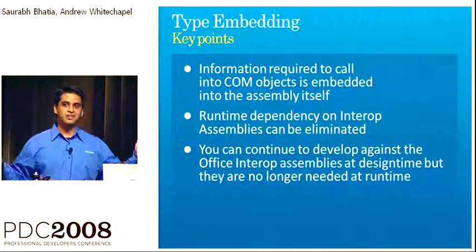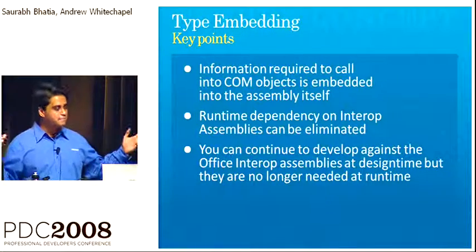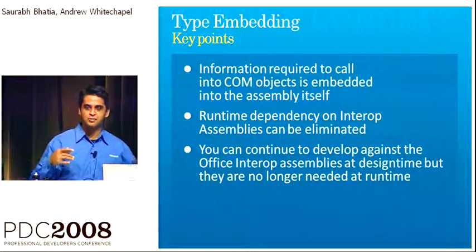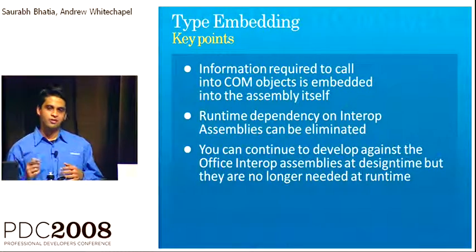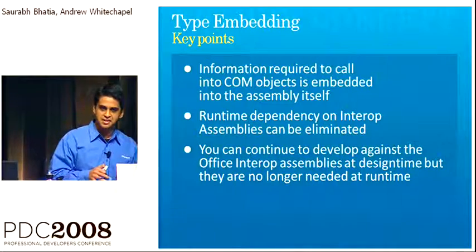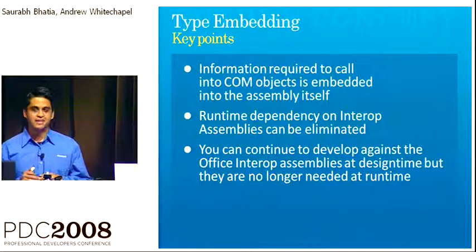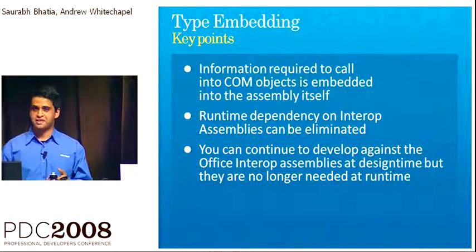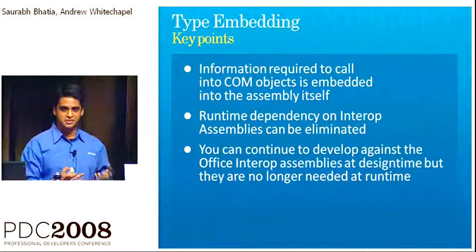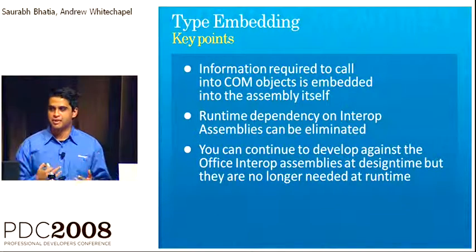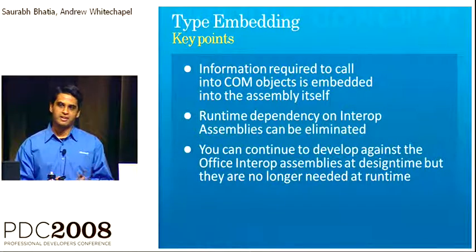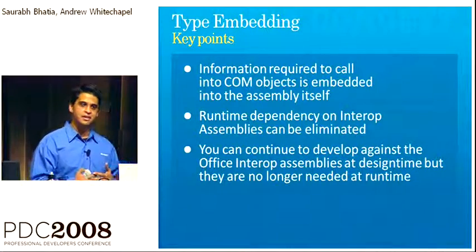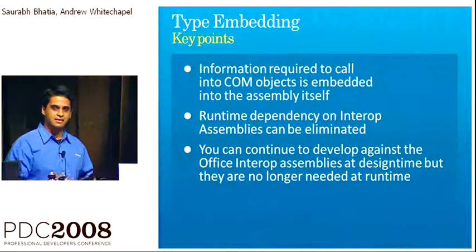I think it's just one concept here. It's type embedding. The information that was previously stored in the Office primary interop assemblies, in order to call into the Office COM objects, can now be embedded inside your user assembly itself. So if you're developing a VSTO customization and you make some primary interop calls, the information about all the calls you make can directly be embedded into your Office assembly.